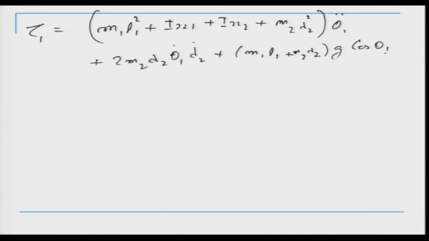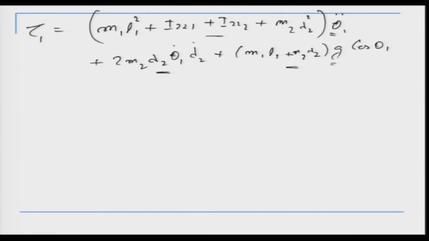So, our first torque at the first joint has a term which is something like the inertia term, this is acceleration. It also has the Coriolis term, that is this one, which is theta 1 dot into d 2 dot, and this is my gravity term, right.